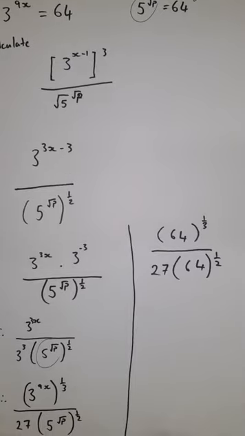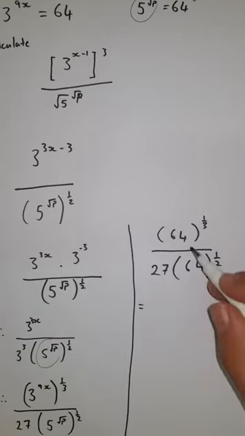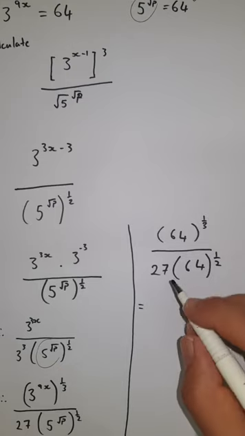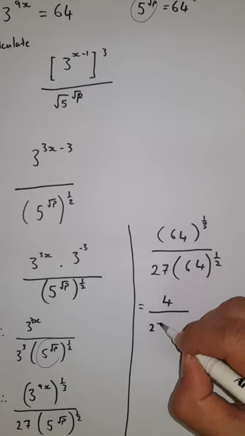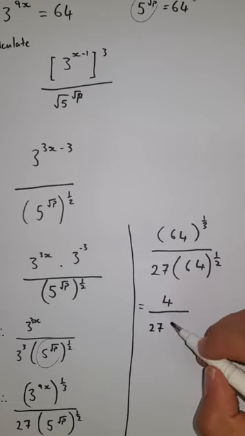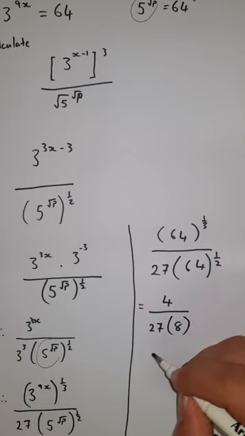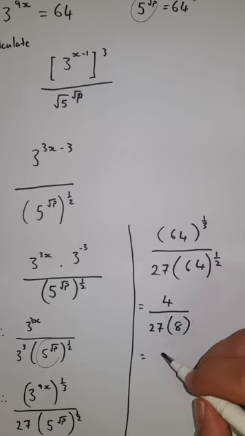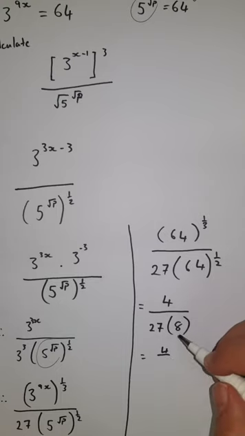Now I can solve. I can do this using my calculator, or if you know your cubes, the cube root of 64 is 4, and the square root of 64 should be 8, which should give me 4 over 27 times 8.